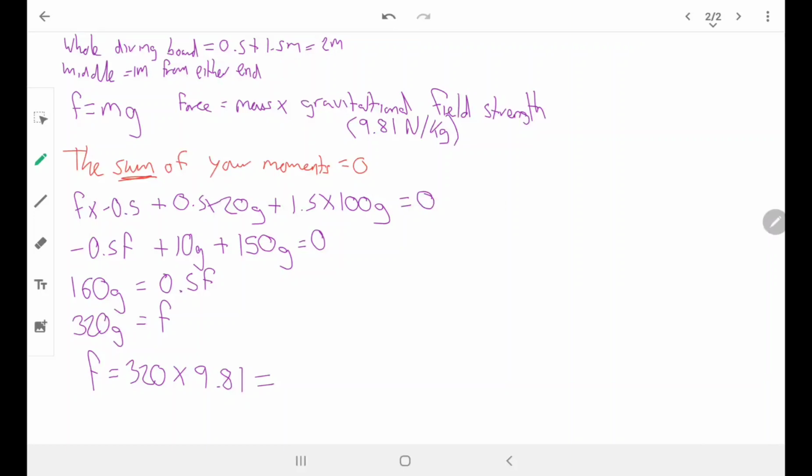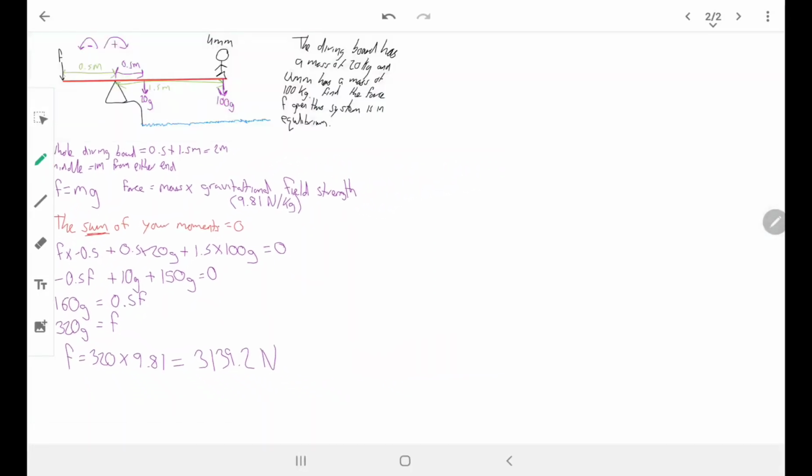I should have worked this out a little bit before, but it doesn't matter. And you get 320 times 9.81 is a nice 3,139.2 newtons. And that's how you work out your F.